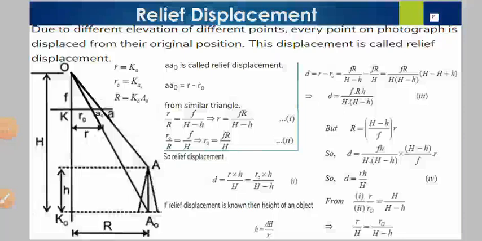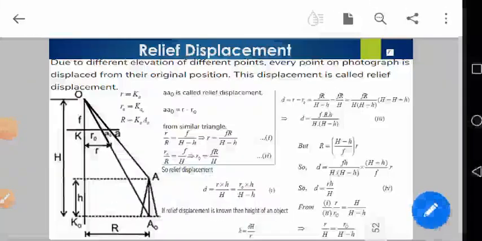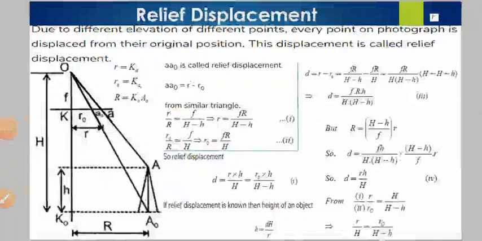Simply, if an object on the ground having height h is captured by the aerial camera, due to the elevation difference of that object, the point on the image which resembles that object is going to be apparently displaced from its original position. This displacement is termed as relief displacement.